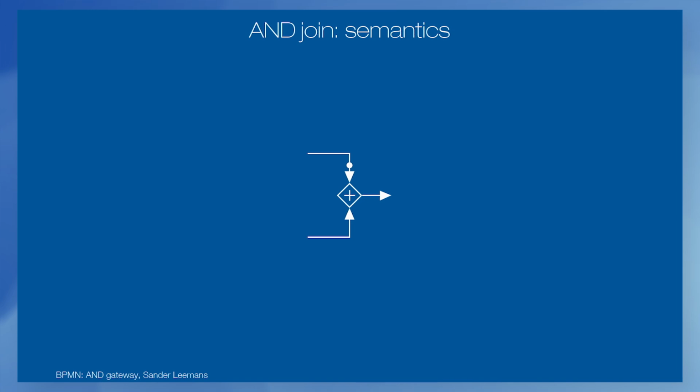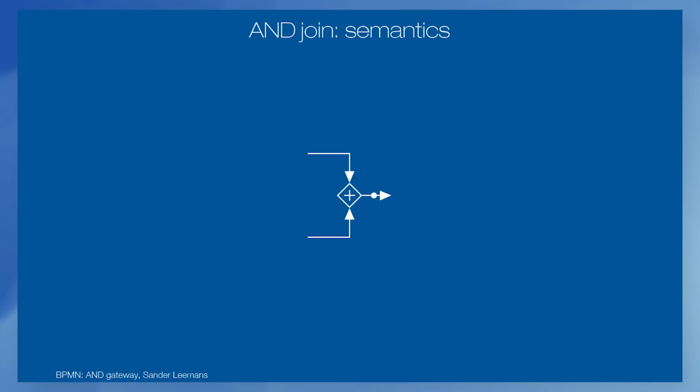So this situation will last until there is a token on the sequence flow coming on the bottom. Once that happened, these two tokens will be combined into one. So formally speaking, the AND join gateway consumes both tokens and produces one token on its outgoing sequence flow.